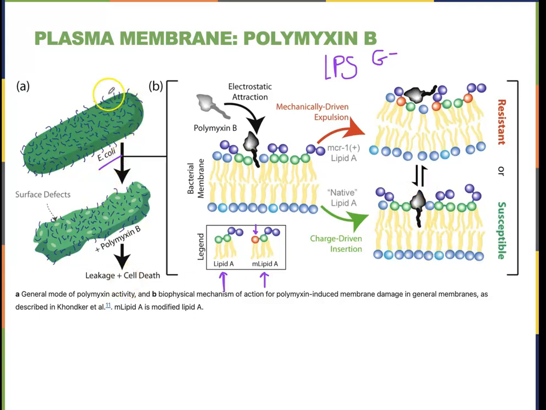So if you're resistant, nothing happens to you. However, if you are susceptible, you have the normal lipid A, you're going to leak all of your nutrients, all the water out, and you're going to have cell death. So, a snapshot of how the form of the target, like the form of the membrane, those small variations in the membrane can cause an antibiotic to be useless or kill the bacterial cell.